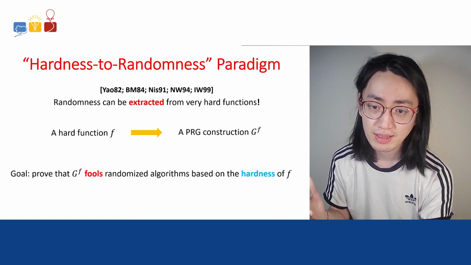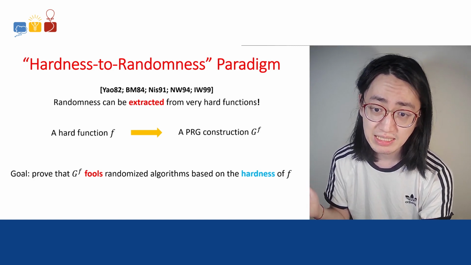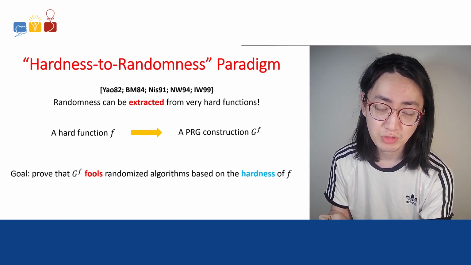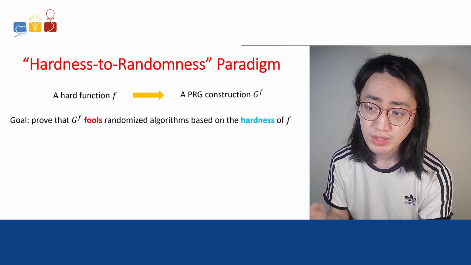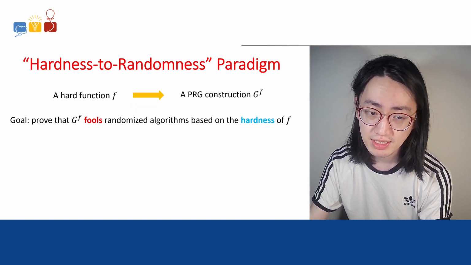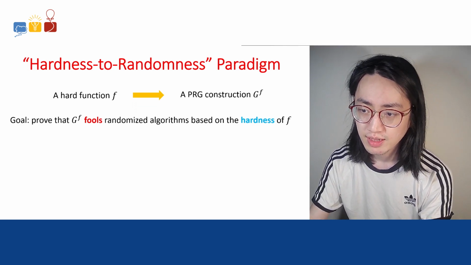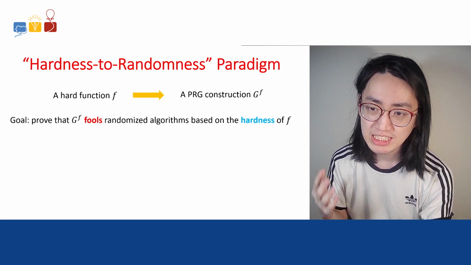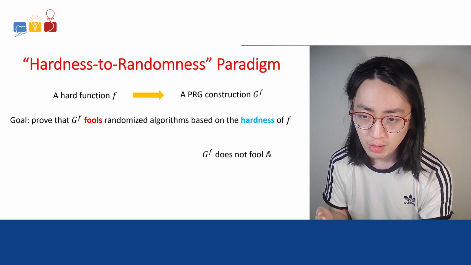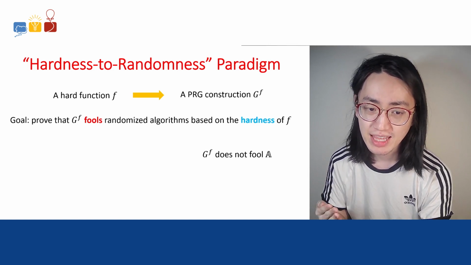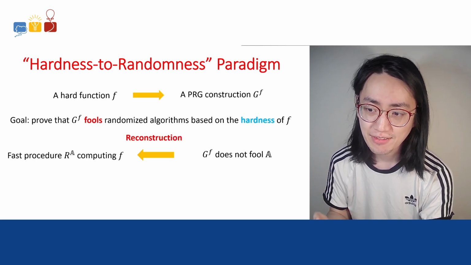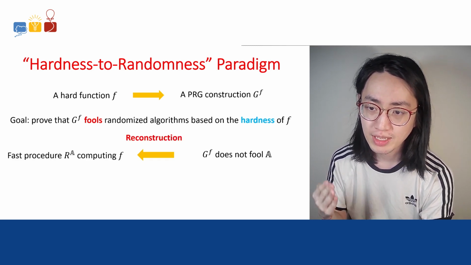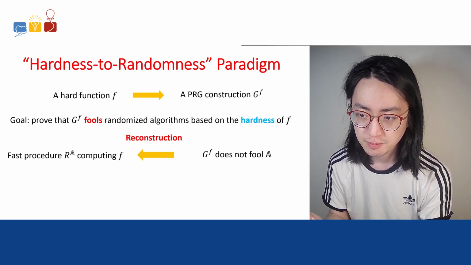It seems these two parts, fooling randomized algorithms and hardness of f, are not very connected. The most important idea here is to consider the contrapositive. In other words, we'll prove that if g^f does not fool one particular algorithm A, then one can use this algorithm A to construct a fast algorithm R^A, which can compute f.